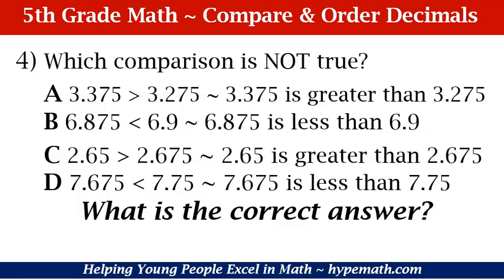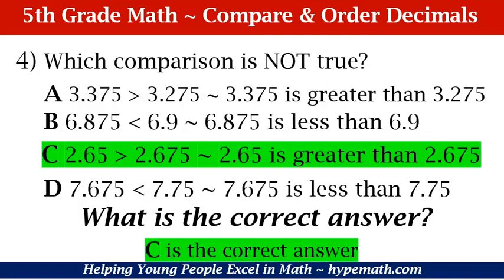Take a look one more time and let's look at our correct answer. If you said C, you are absolutely correct. Give yourself a high five because no, 2.65 is not greater than 2.675.